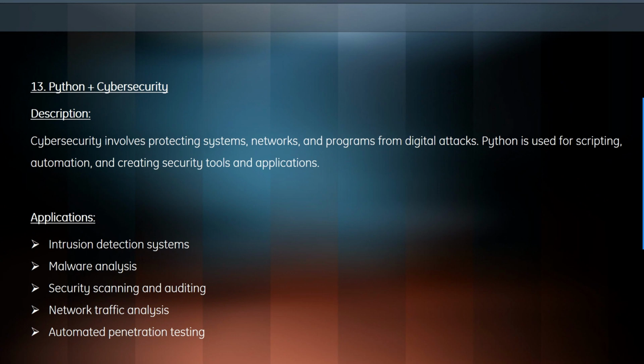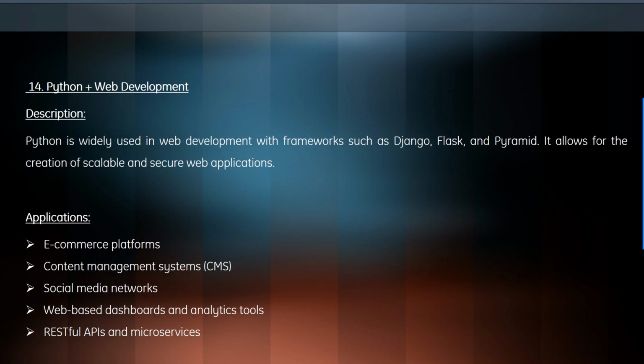Python is used for scripting, automation, and creating security tools and applications. What are the applications in these two? The combination gives intrusion detection systems, malware analysis, security scanning and auditing, network traffic analysis, and automated penetration testing.